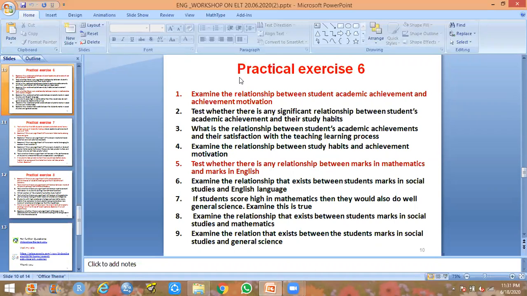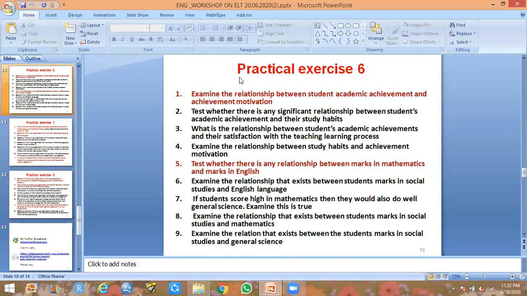The practical exercise has different questions or statements in lines of statistical methods and inferential statistics. You have a data set with 15 variables, that is the behavioral study of the students.